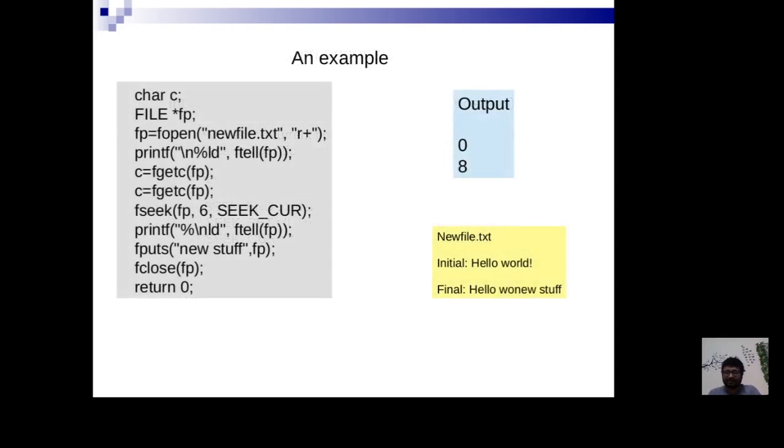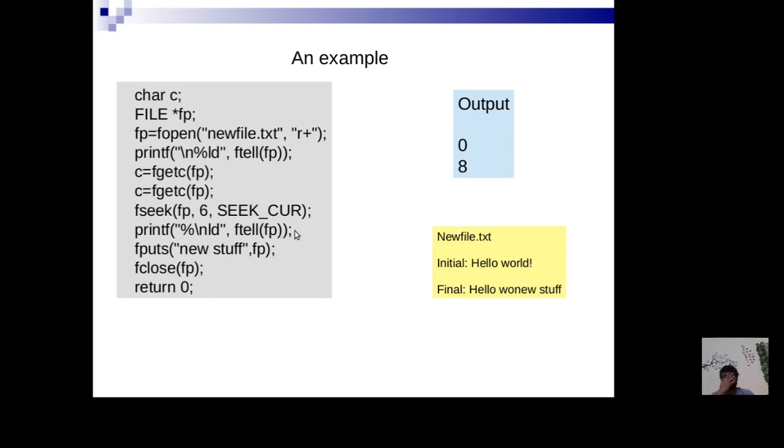I'm sorry, it's not the starting location. SEEK_CUR, so CUR stands for current position, which is 2 now. And then this offset is 6. So it means the current position should skip over 6 characters ahead. So now the current position is 6 plus 2, 8. So if you now print ftell of fp on a new line, you will see 8 being printed.